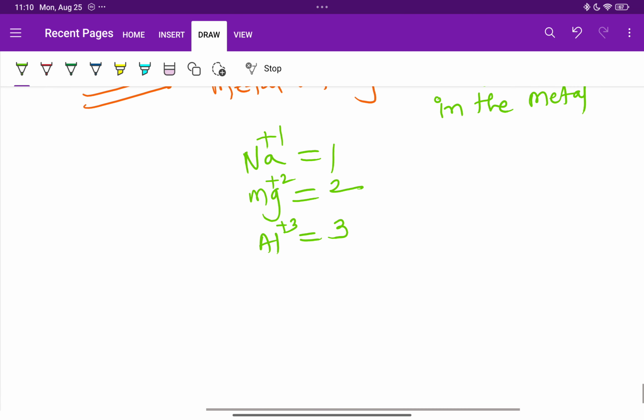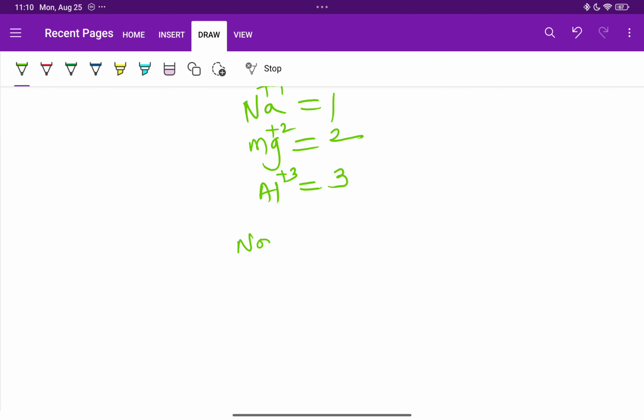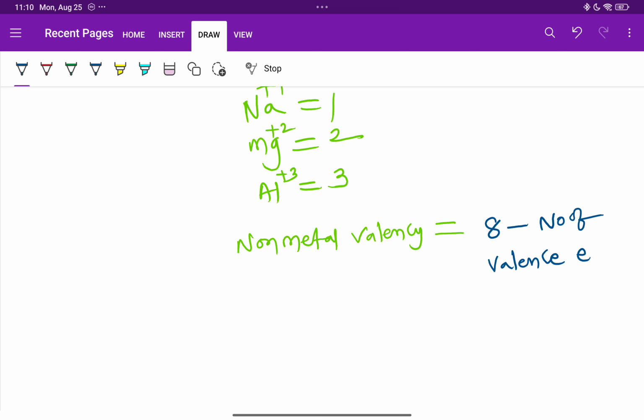And for non-metals, non-metal valency is equal to 8 minus the number of valence electrons in the non-metal.